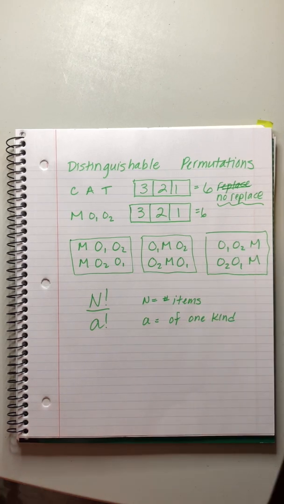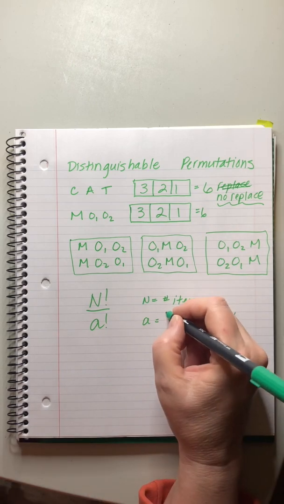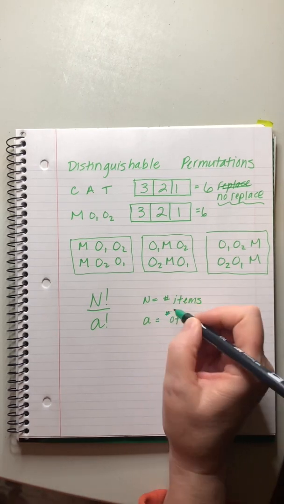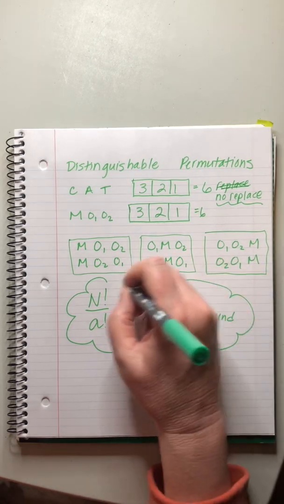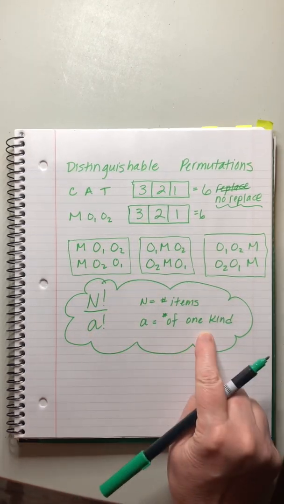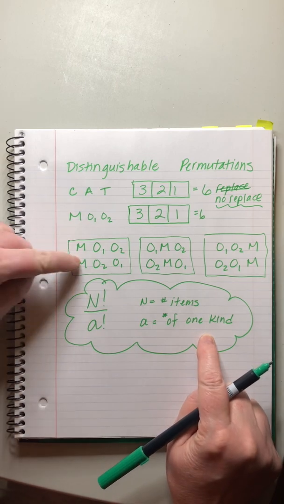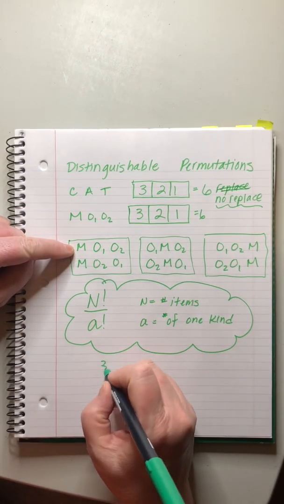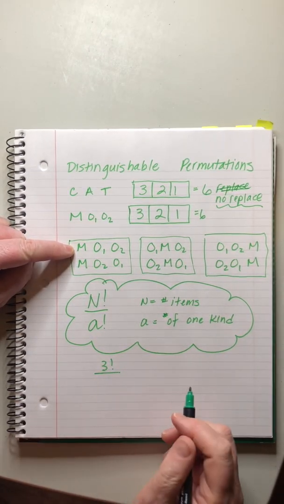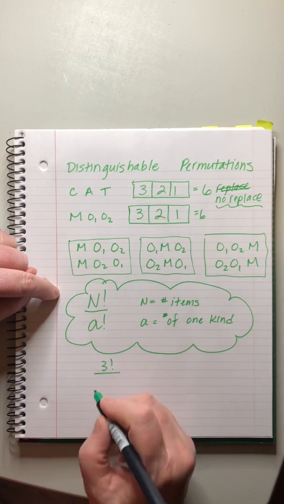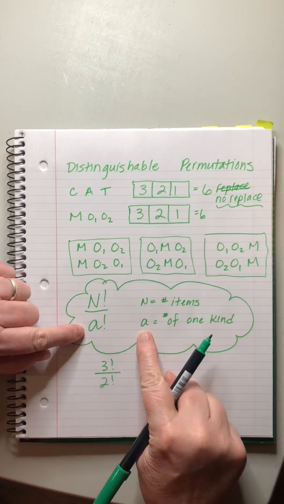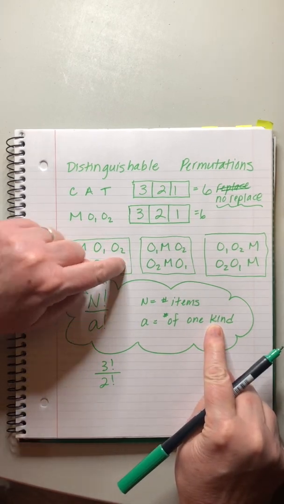So in this example, this is the little formula we're going to use. We're going to take the number and we're going to divide it by the ones that are the same. So in this example, we would say it's 3 factorial over 2 factorial, because we have 2 of one kind, right?